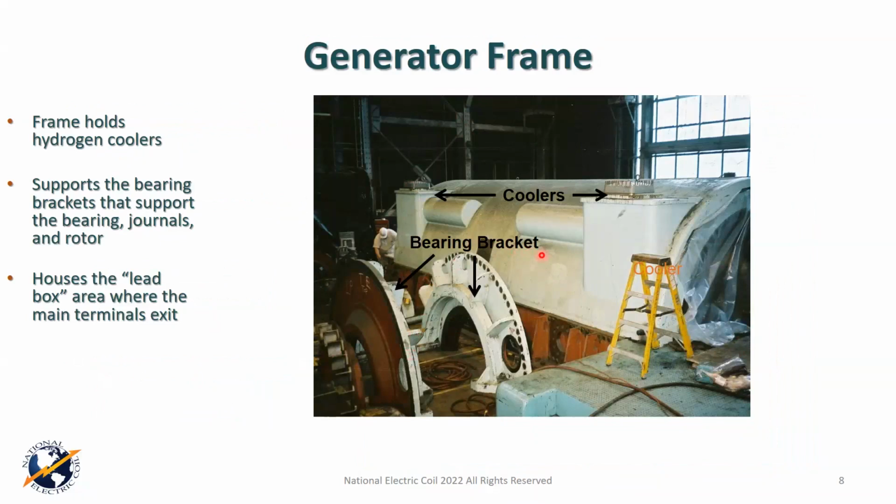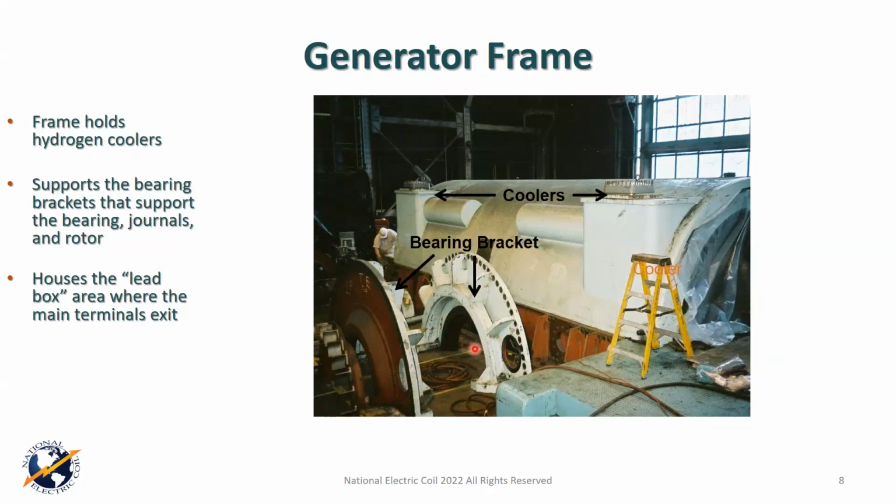So the generator frame itself, they can take a lot of different configurations. This is an older unit, but a couple of other things you can see here with the frame. You have bearing brackets, or some people call them end bells, that fit on the end of the unit, and sometimes they'll have the bearings integral to them. In this case, the bearings and the bearing assemblies come out.